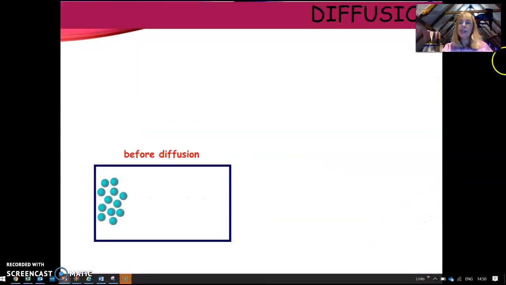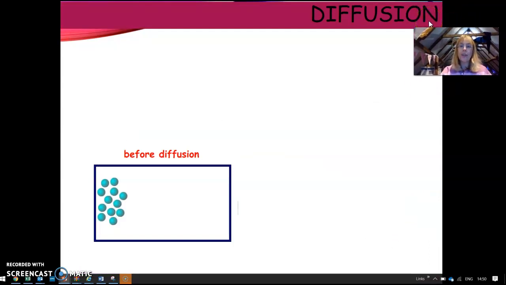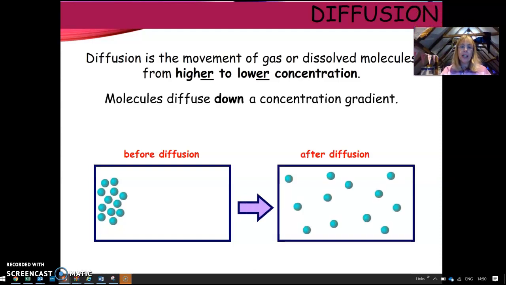Okay, so now we're going to, for a moment, go back to this old gem of diffusion. So we know that diffusion is all about particles moving from over here, a high concentration, to an area of low concentration until they are spread out. And I tend to use the word particles because then it doesn't matter if it's atoms or molecules. I'm not going to get into any trouble if I get it wrong.